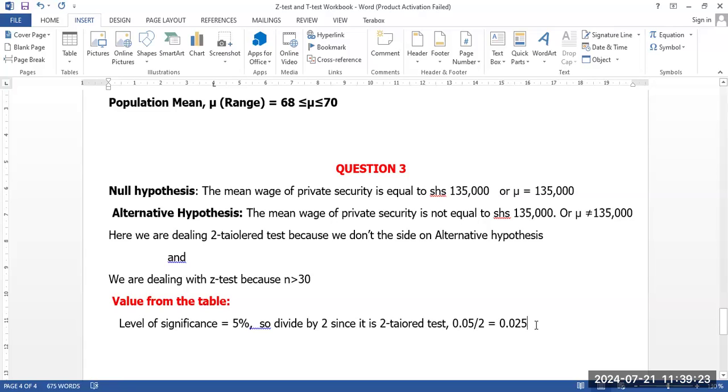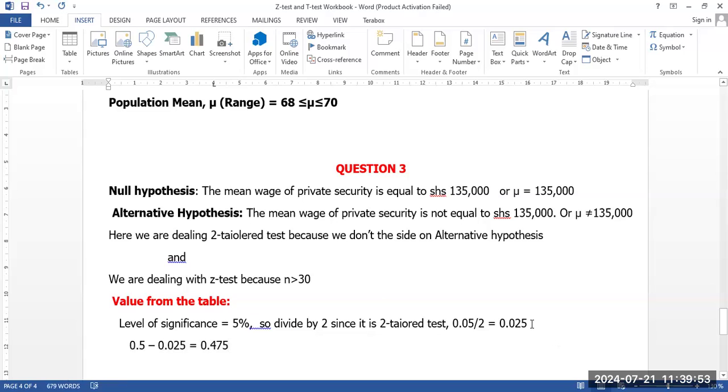The difference between Z test and T test is the next step. With Z test, we have to get 0.5 minus 0.025, which is equal to 0.475. But with t-test, we don't do this step.